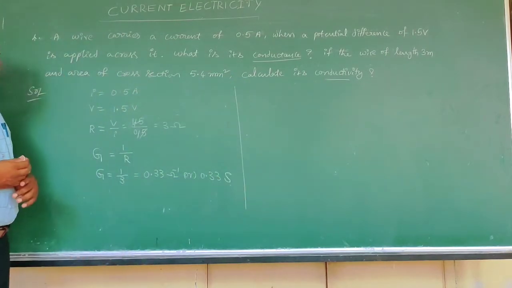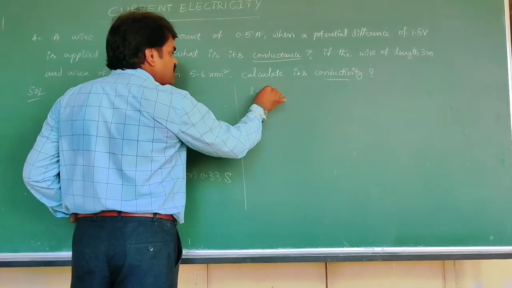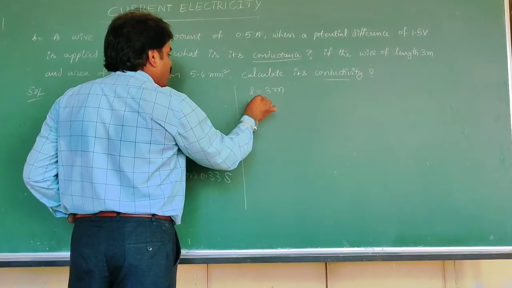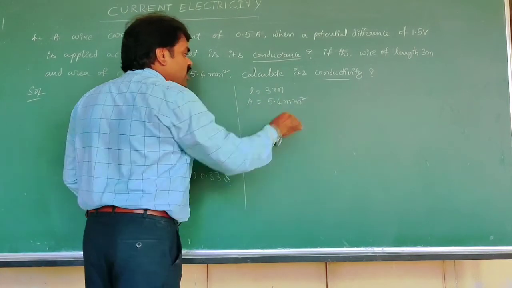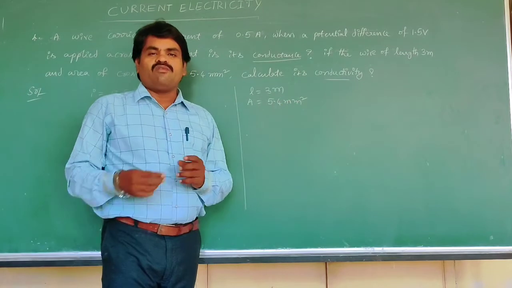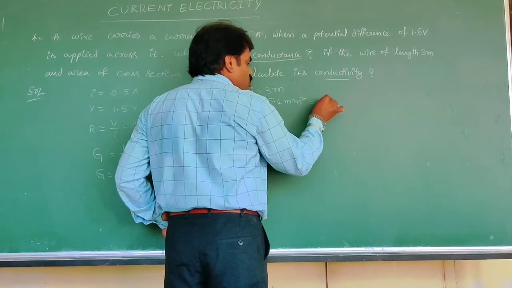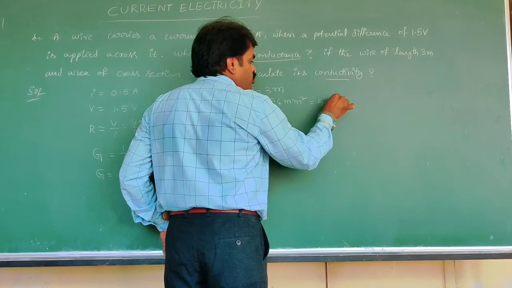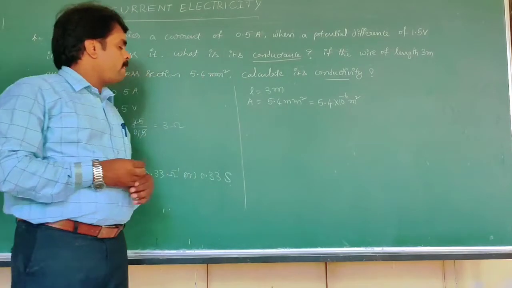Now they are asking about the given length and area of cross section. Length is 3 meters and the area of cross section is 5.4 millimeter square. Here we convert millimeter square into meter square: 5.4 into 10 to the power of minus 6 meter square.